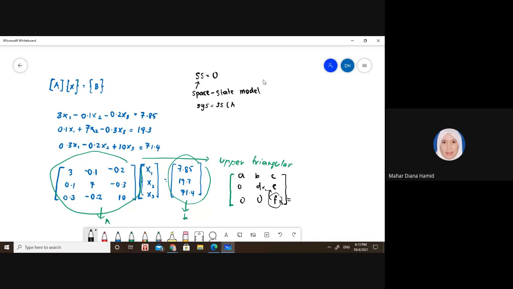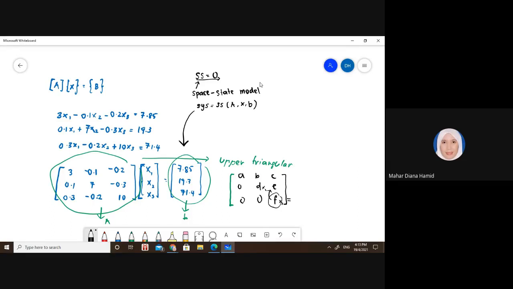So A, X, B. So this is a representation of the matrix value here. So this line here denotes that at the initial time, everything in the matrix is equals to 0.